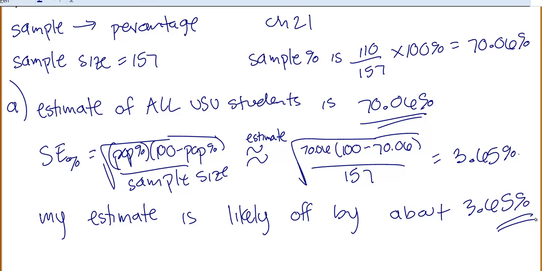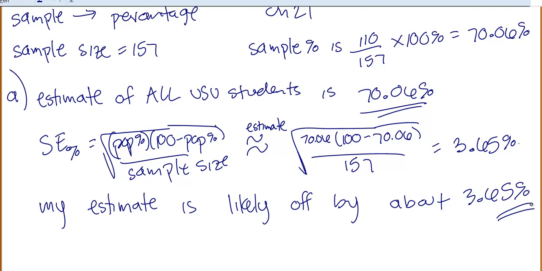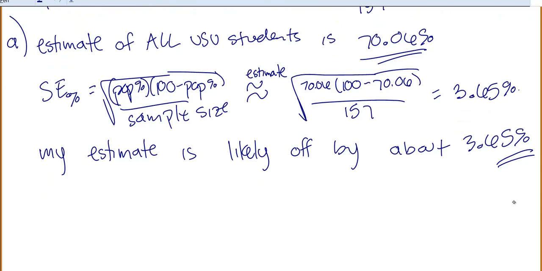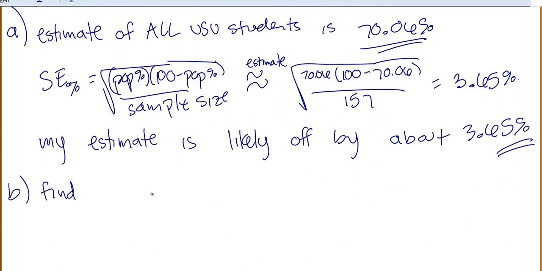So my estimate for all the USU students is 70.06, but my estimate is likely off by about 3.65. Now B, find the 99% confidence interval.